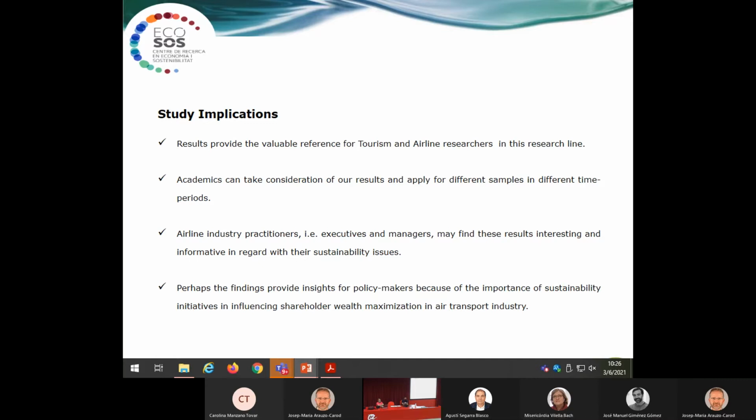Actually, the ESG idea is quite new, and we analyze the relationship with financial performance for just a specific industry. There is a long debate on that, and the results are very inconclusive.